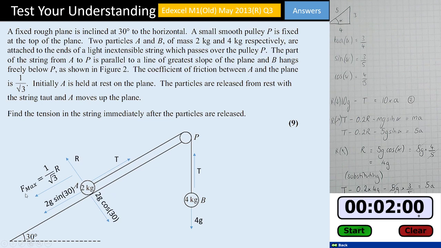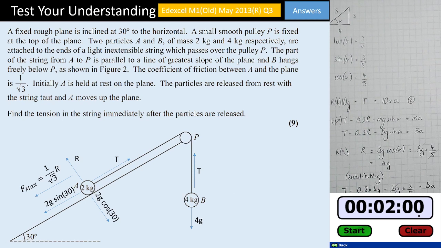We've got the friction, which opposes the motion of the 2 kilogram mass. We've got the reaction force of the 2 kilogram mass and the tension in the string that acts towards the pulley. For the 4 kilogram mass, we've got the weight of that, which just acts vertically, and we've got the tension, which again acts towards the pulley.